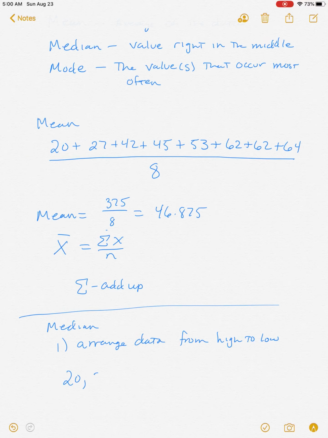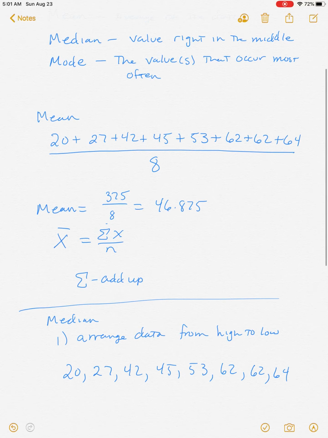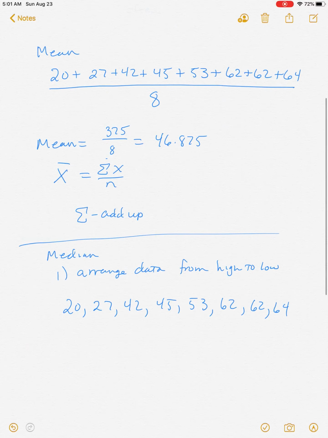It was 20, 27, 42, 45, 53, 62, 62, and 64. So if you notice already, it's arranged from low of 20 to a high of 64. If it wasn't, I would have to rearrange it to be that way, where everything was in numerical order. And so if I look at this, I want to get the value right in the middle.